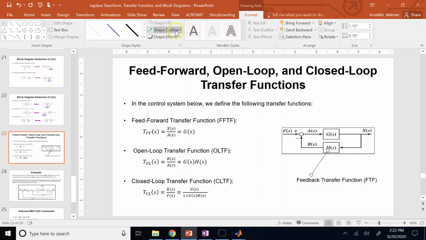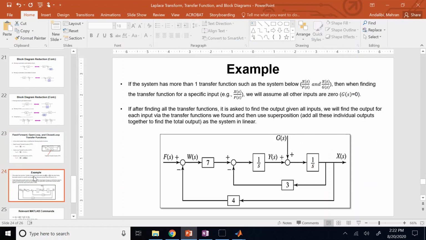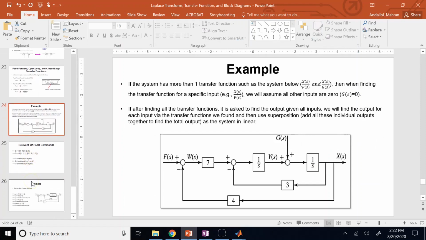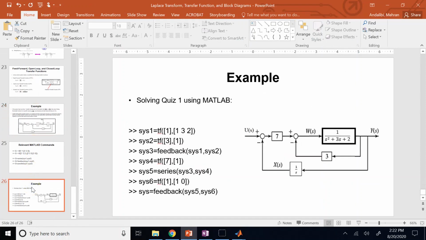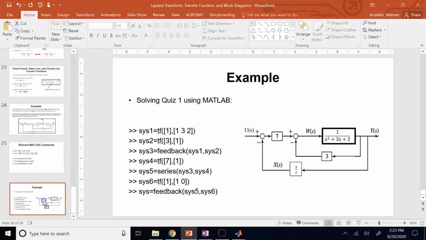Okay, so now let's see how we can do examples and simplify things, right? So there are several examples and things you can do. First, let's actually do this one, and relevant Matlab commands.